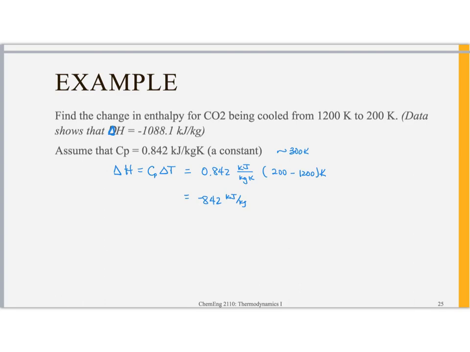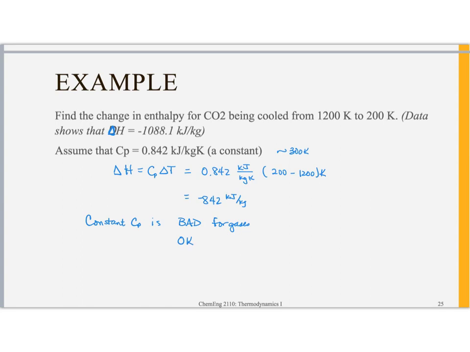And for gases, it's going to be really hard to find a constant value of C sub P that's very good. So a constant C sub P is bad for gases. I mean, occasionally you may get lucky and get the right one that gets you a good answer, but generally it's bad.